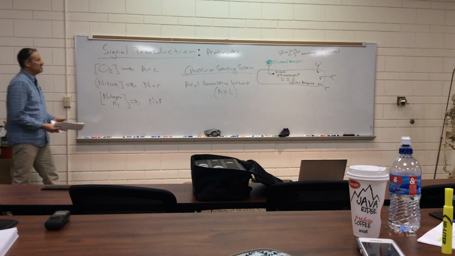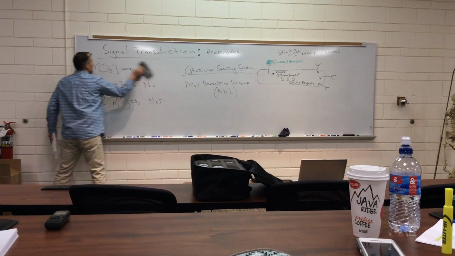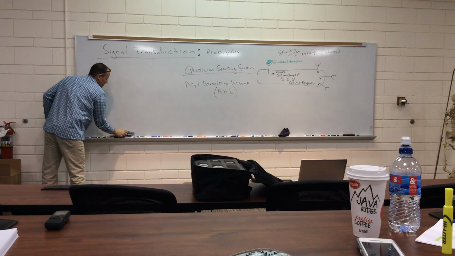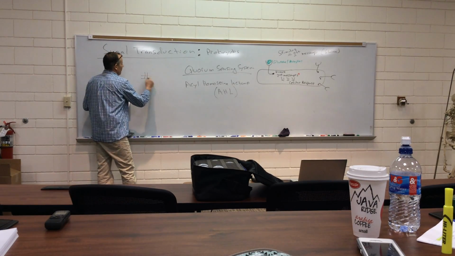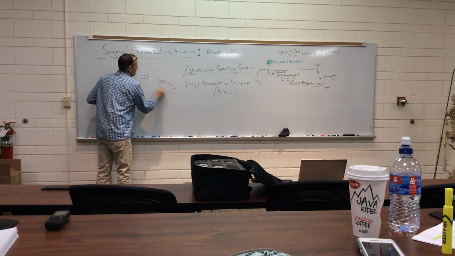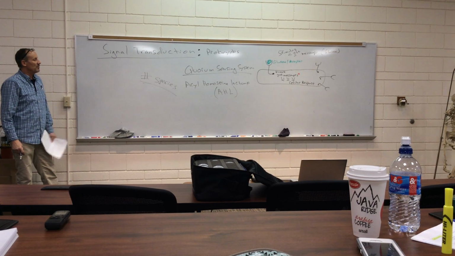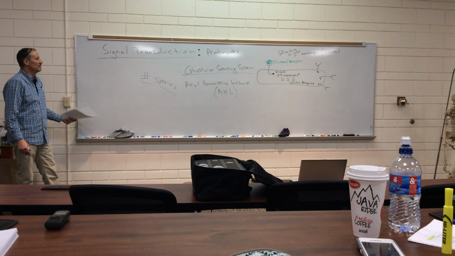So quorum sensing doesn't sense an external stimulus like these other ones do. This guy is all about species concentration. So it can tell how many of its own species are around it at any given time by the amount of acylhomoserine lactone that's produced.